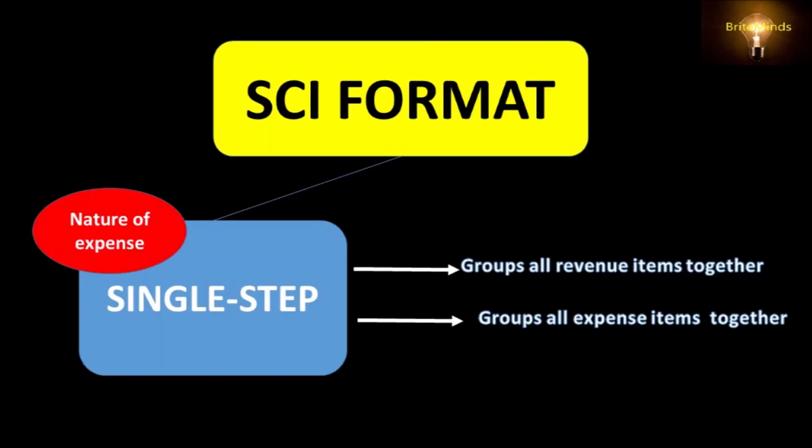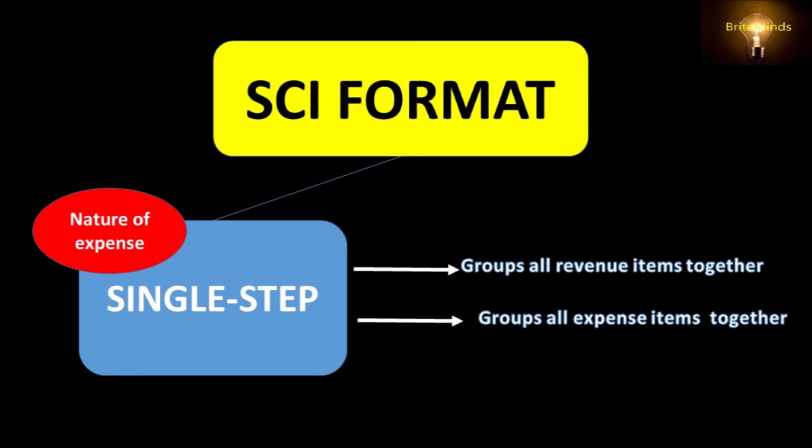And why is it called a single step SCI? It is called a single step SCI because the net income is computed using only one step. That is deducting the total expenses from the total revenues.